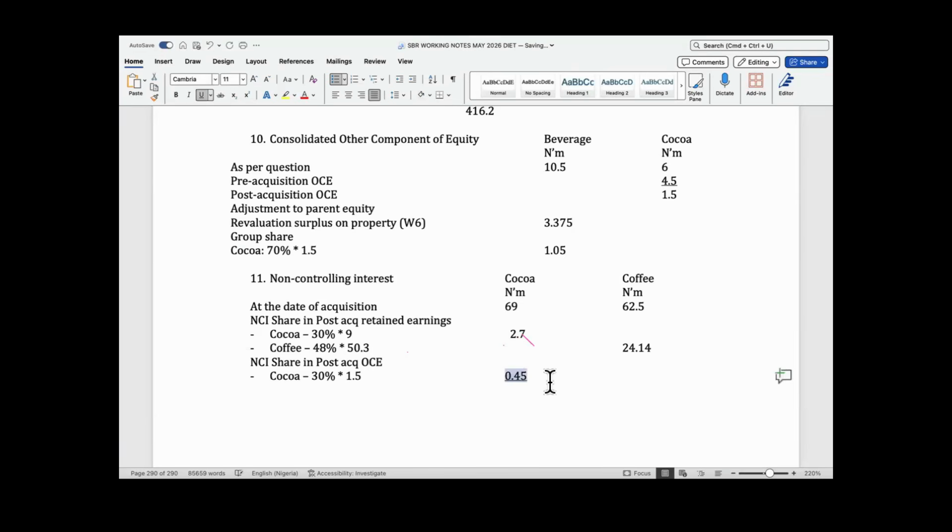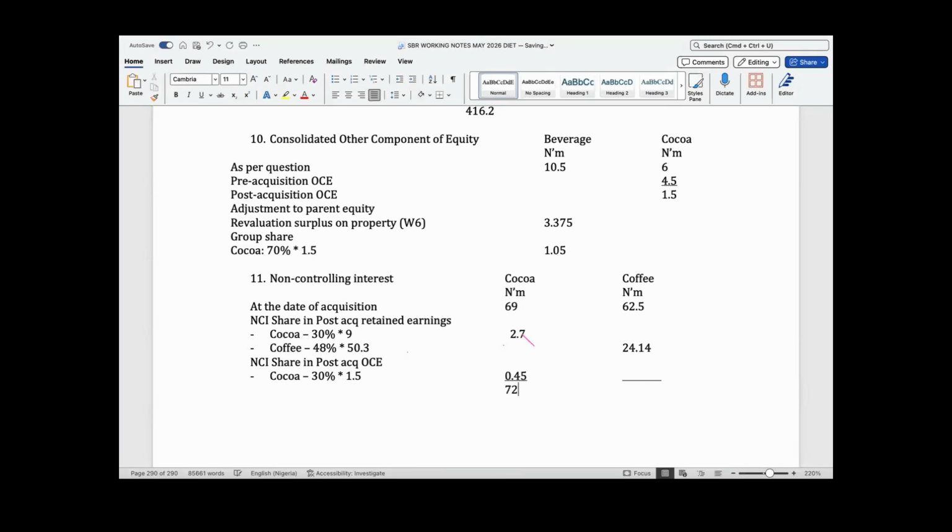Okay, so what's the total here? For cocoa, I got 69 plus 2.7 plus 0.45, which is 72.15.